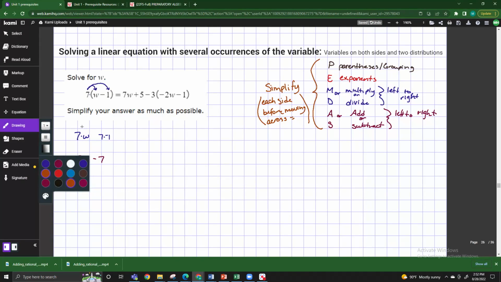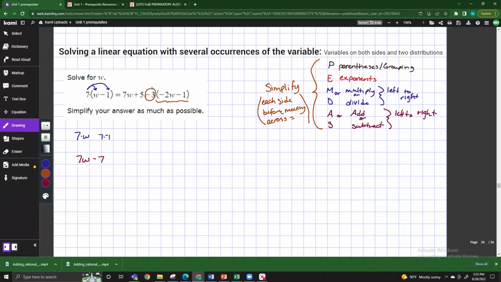And now I'm going to look at the other side. I'm looking in the order of operations for parentheses. So the first thing I do is this -3. Negative signs are attached to what is following them, and the parentheses I see are these parentheses, and this -3 is attached to it.